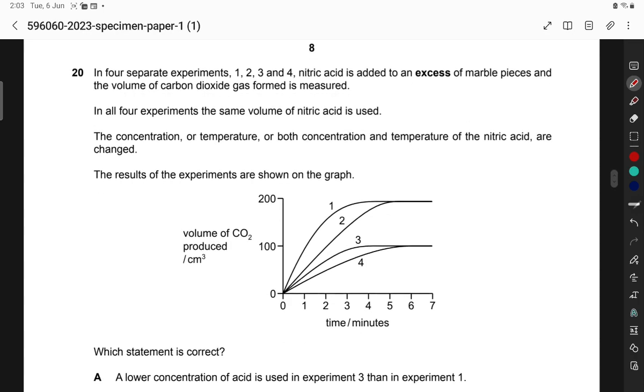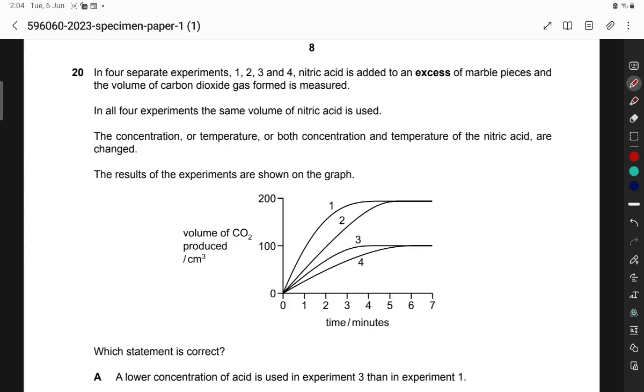Question number 20. In 4 separate experiments 1, 2, 3 and 4, nitric acid is added to an excess of marble pieces, and the volume of carbon dioxide gas formed is measured. In all 4 experiments, the same volume of nitric acid is used. The concentration, temperature, or both concentration and temperature of the nitric acid are changed.